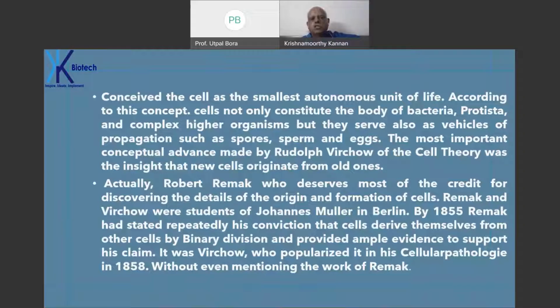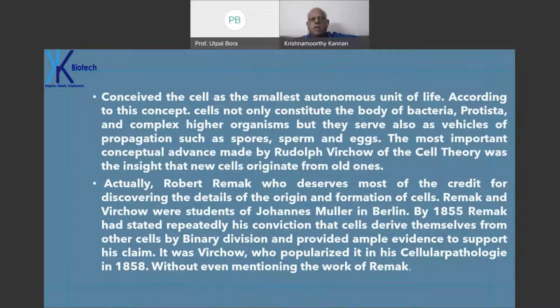According to this concept, cells not only constitute the body of bacteria, protista, and complex higher organisms, but also serve as vehicles of propagation such as spores, sperms, and eggs. The most important conceptual advance of the cell theory, made by Rudolf Virchow, was the insight that new cells originate from old ones. So nobody creates life; it always emerges from the old one.